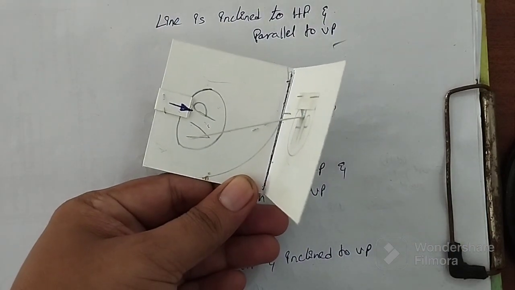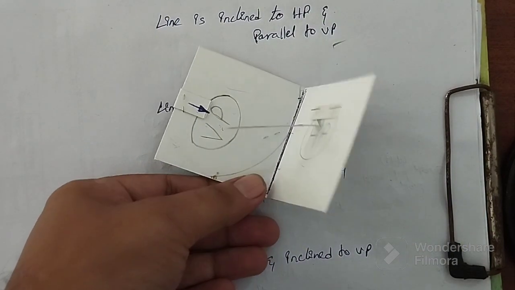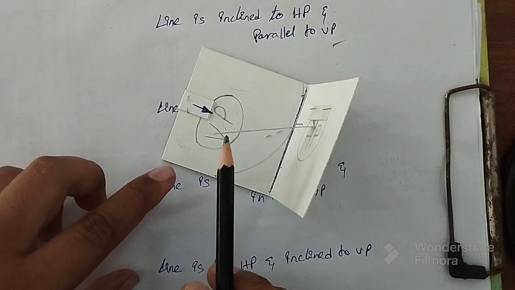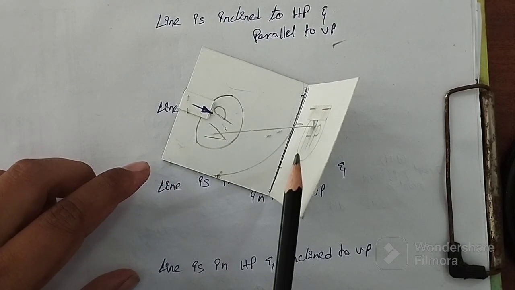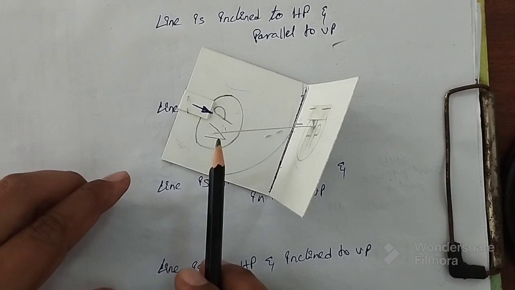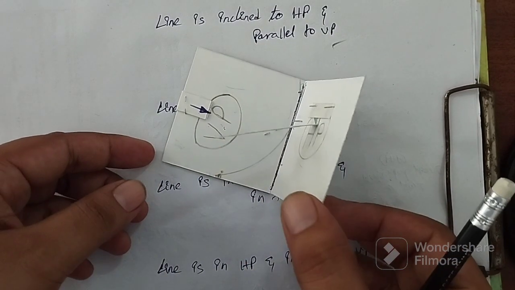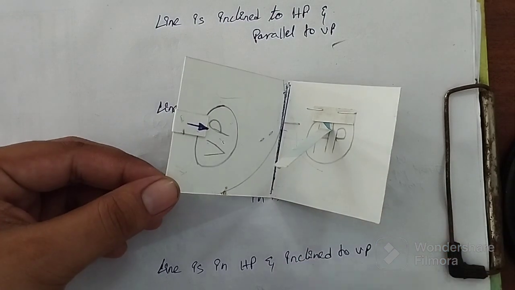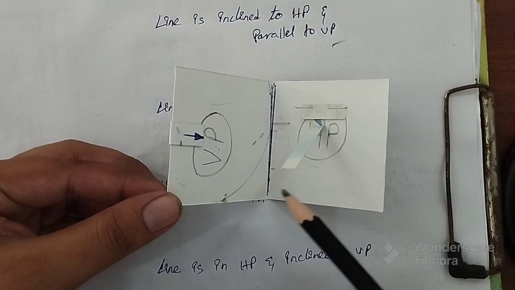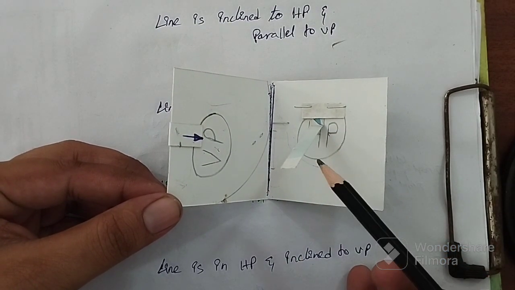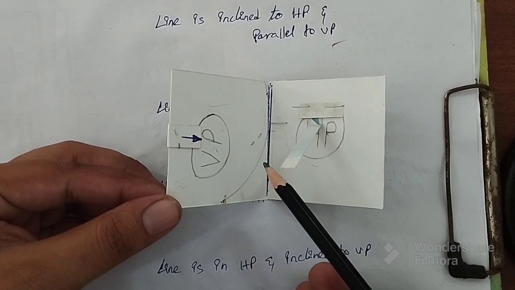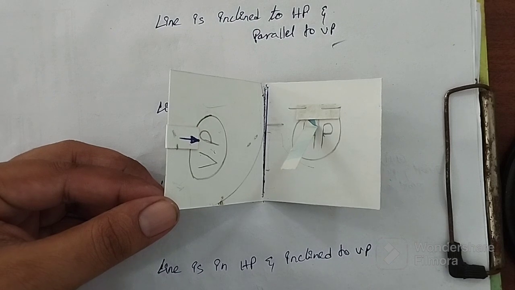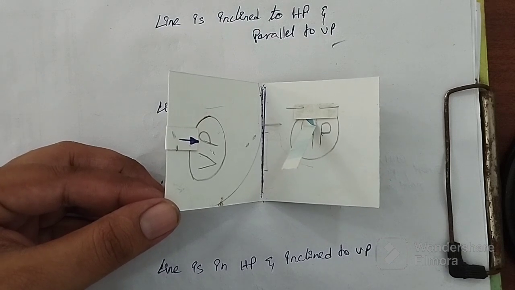If I move this way, you could see that this straight line is inclined to HP, but parallel to VP. Now, for the same, let us write its front view and top view.